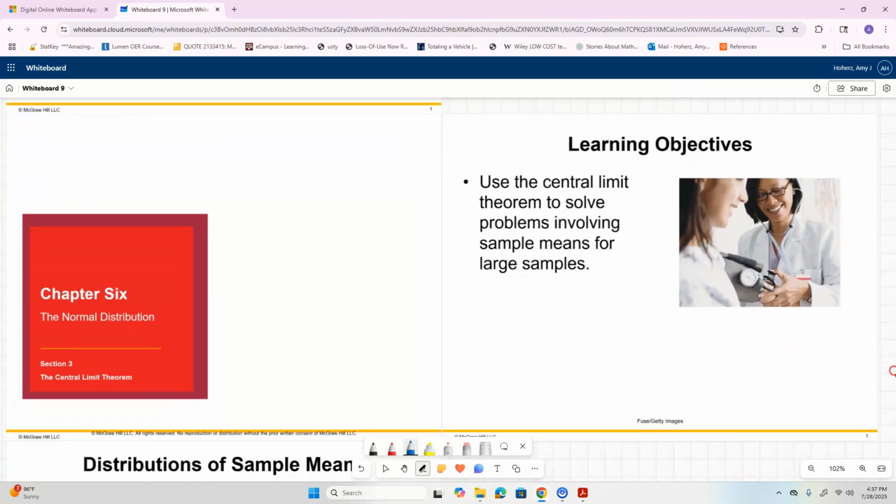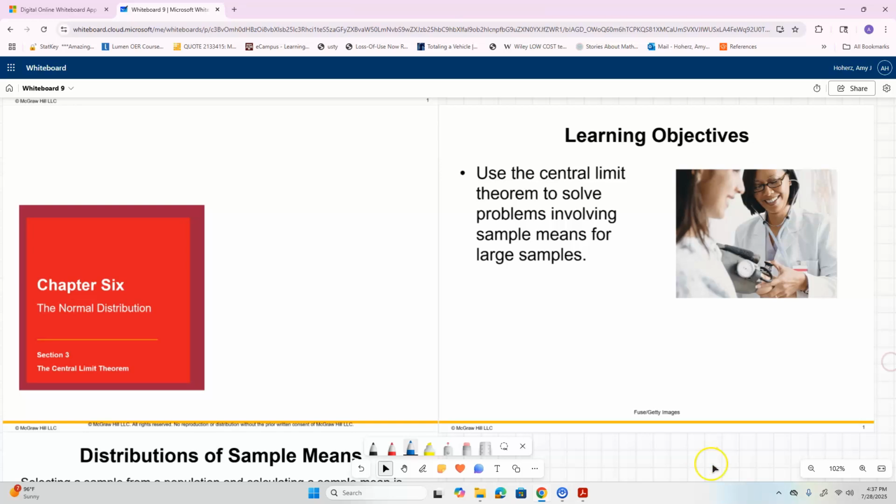Now, I'm going to go ahead and continue with 6.3 for this video. There's only one slight difference with 6.3 from what we've been doing. So in section 6.3, you've really learned almost everything that you need to know for chapter 6.